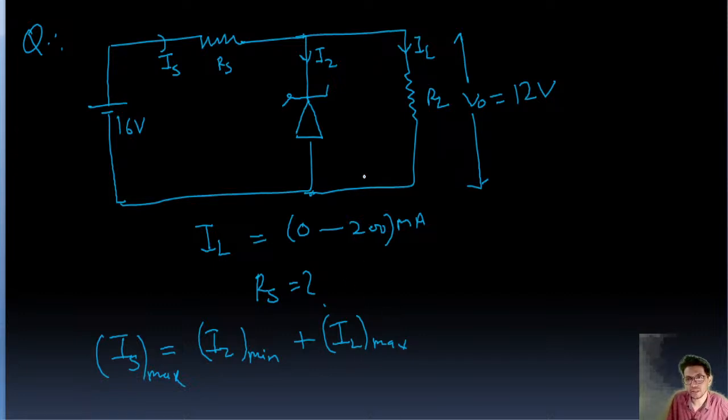IL max means this, because the total current is this one, right? So IL max, this is the range given, we can write 200 milliampere, and IZ will be 0 milliampere, right? So this is 0 plus 200, so this is going to be 200 milliampere, and that is the IS max.